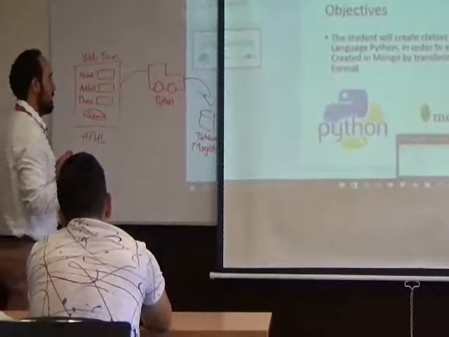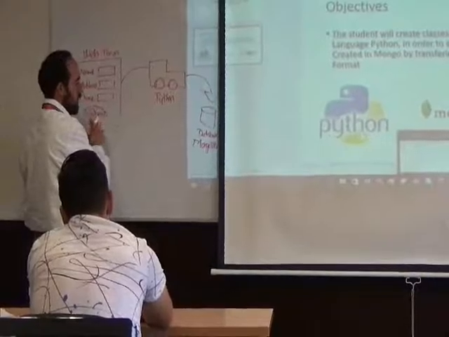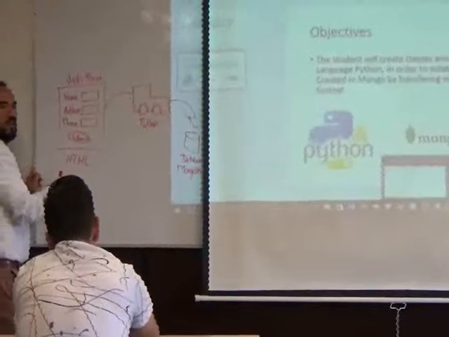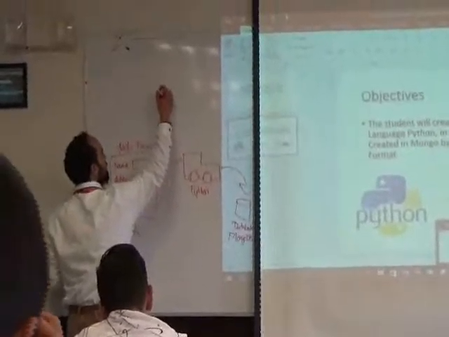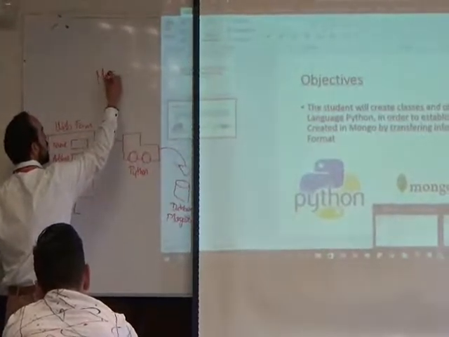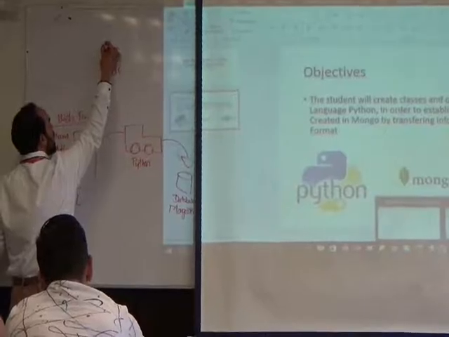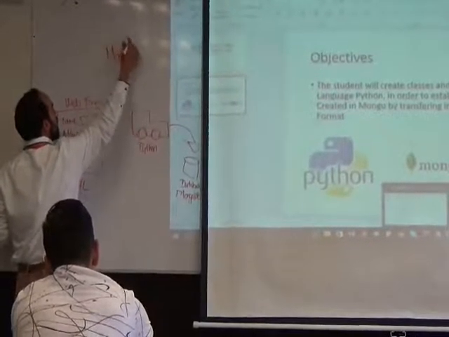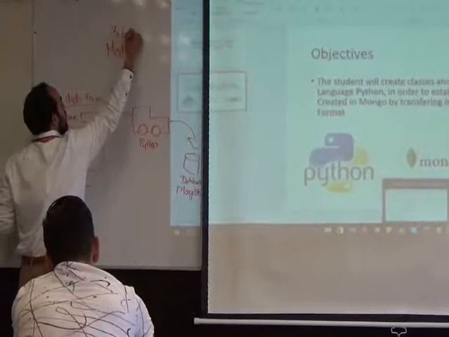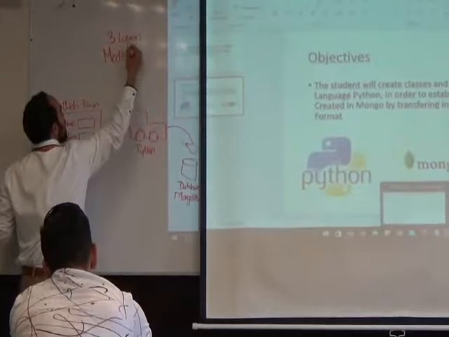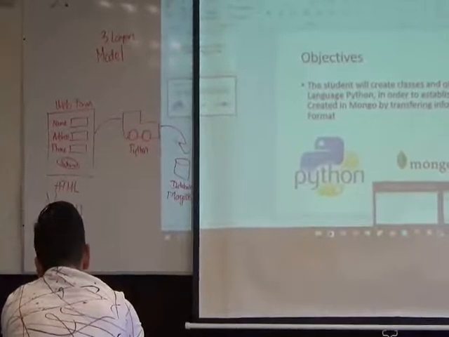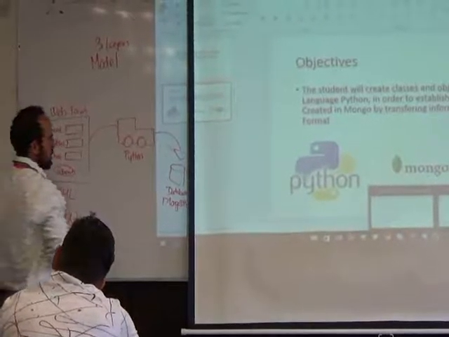Python is the language that we will use to transport information between HTML and Mongo. How do we call this? Do you remember the view? Three layers model. Yeah, this is the view. This is what the user can view.